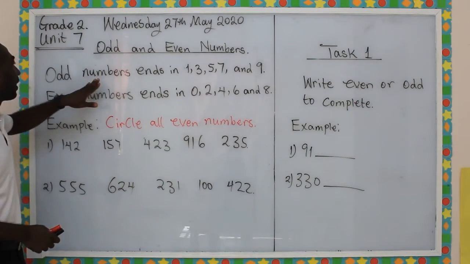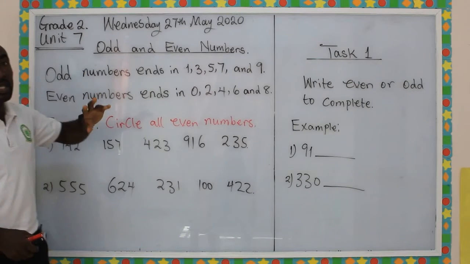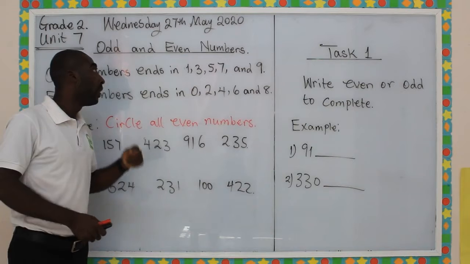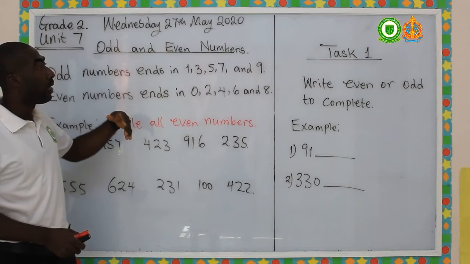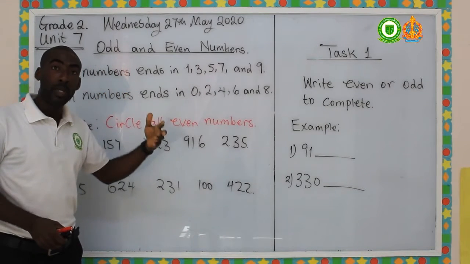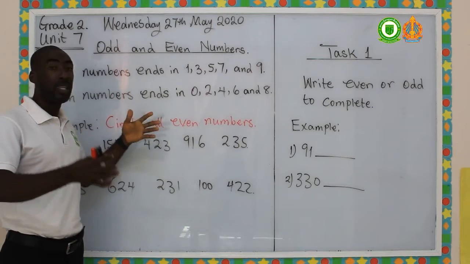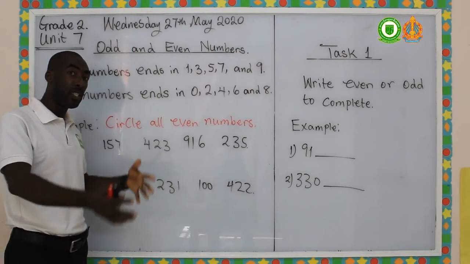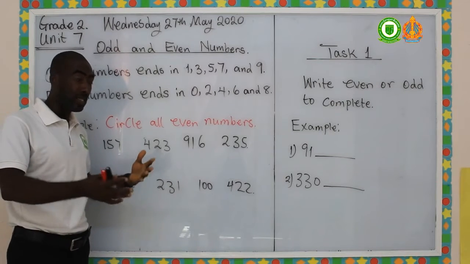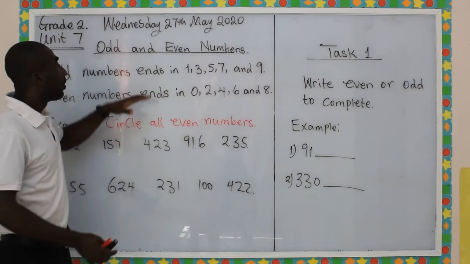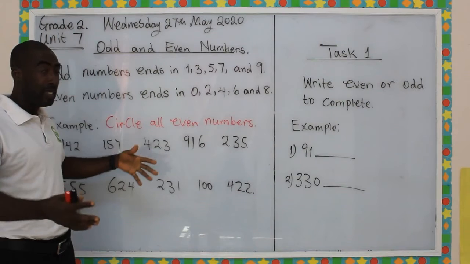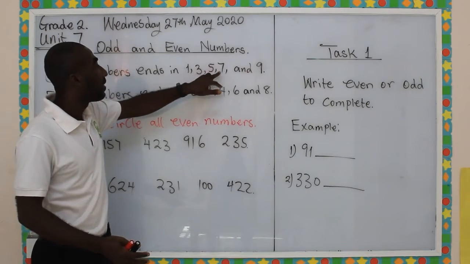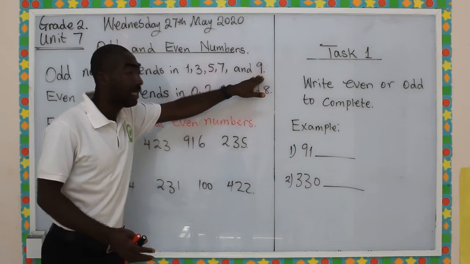First of all, we know that odd numbers are numbers that when you divide by 2, it has a remainder of 1. So we're going to use our counting numbers, which is our first 10 digits, 0 to 9. Within those 10 digits, we have 1, 3, 5, 7, and 9.